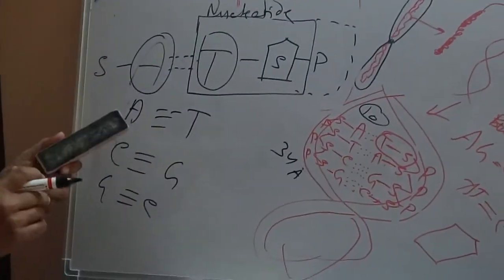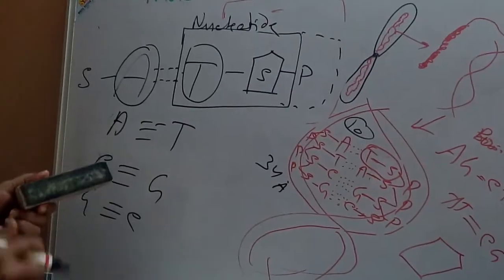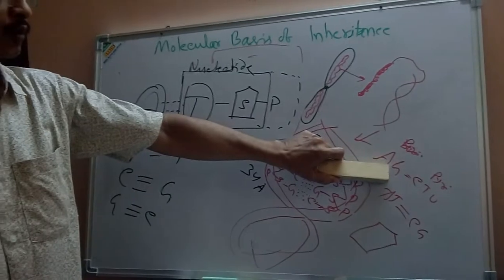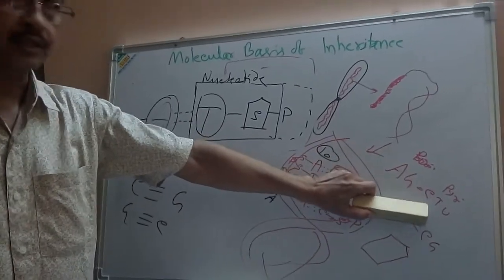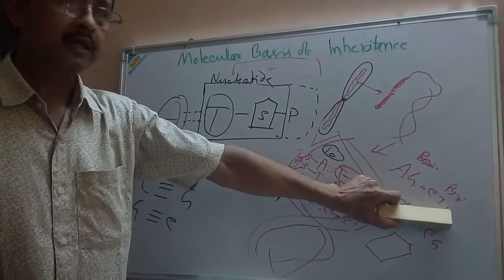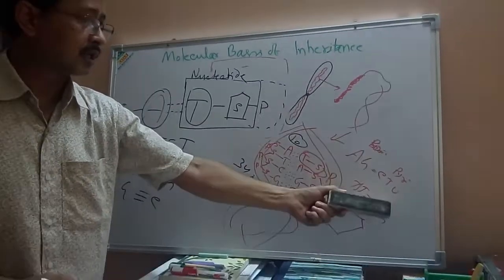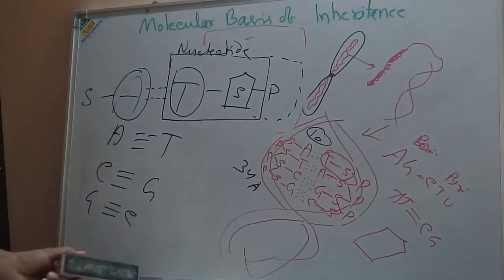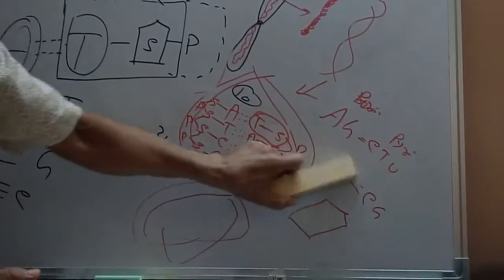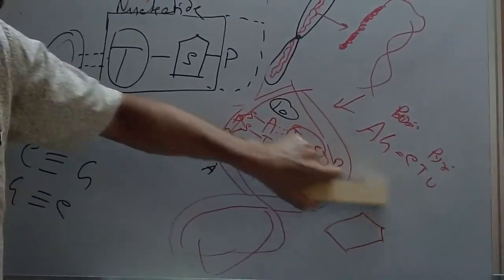So what are purine and pyrimidine bases? The purine bases consist of only adenine and guanine. The pyrimidine bases consist of cytosine and thymine. In the case of RNA, it is uracil. Otherwise, it is the same.